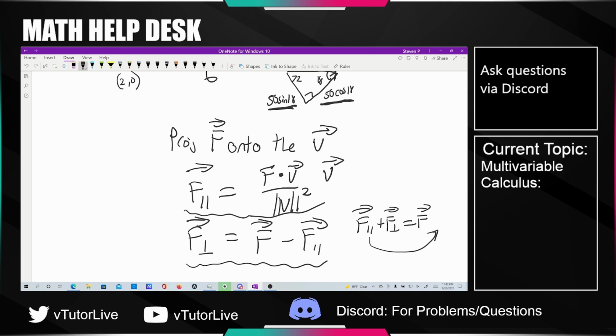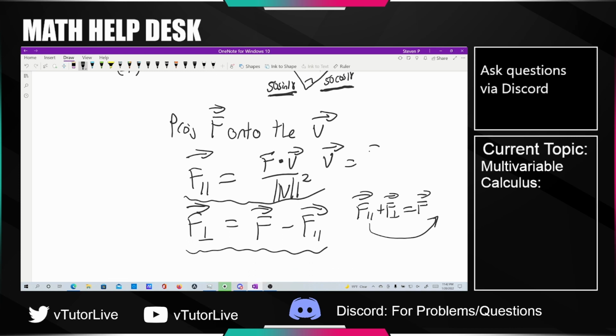Why is the magnitude of V squared on the bottom? Because she had done this problem before, for one of the worksheets we had, it was the magnitude of F dot V over the magnitude of V. No, what you're saying right there is F dot V over magnitude of V. So this right here is just the magnitude.